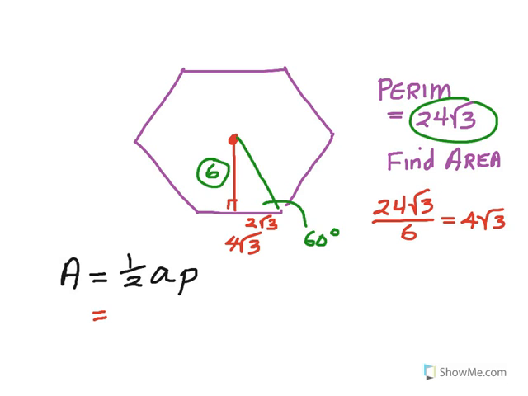So the area is 1/2 the apothem of 6 times the perimeter of 24 root 3. So I get half of 6, which is 3, times 24, which is 72 times the square root of 3 square units. And that's it today for areas of regular polygons.